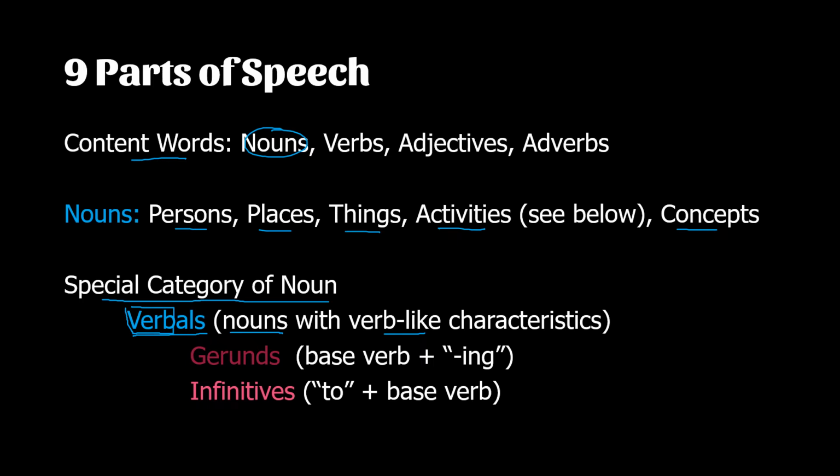So they are nouns and they're part of speech, but sometimes they behave like a verb, and we will look at all of these characteristics below. There are 2 kinds of verbals, gerunds and infinitives, and we will now move on to look at these more specifically.